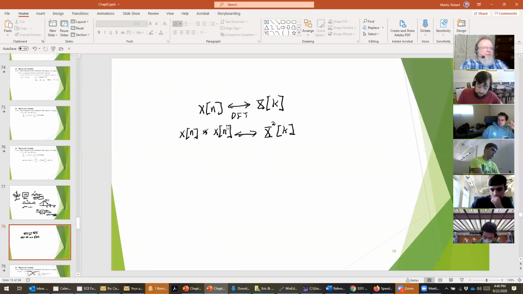Except that if it's a DFT and you don't zero pad, this is going to be a circular convolution. So I can even draw a circle around the convolution sign to denote a circular convolution. That's what I mean by squaring the transform. I just want to get back to the DFT convolved with itself. I wanted to give you something where you did circular convolution, and this is the easy example that I could think of.